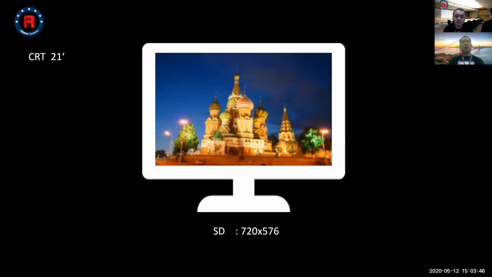Maybe you still have some image of the 21-inch CRT monitor. This kind of monitor shows information at 720 by 576. After some years, we had a monitor of the same size, a 21-inch LCD monitor, at 1920 by 1080.